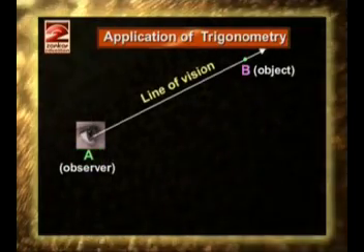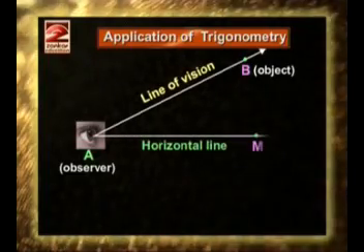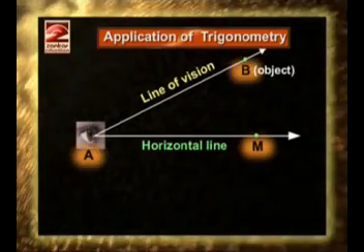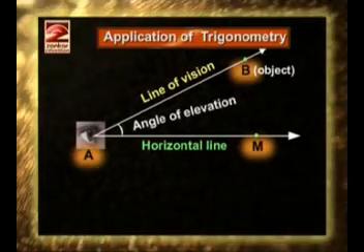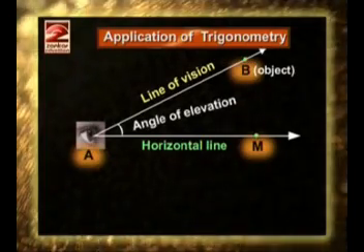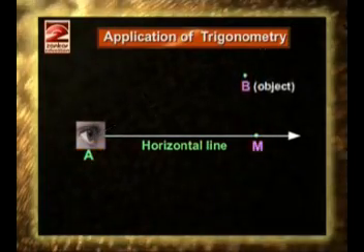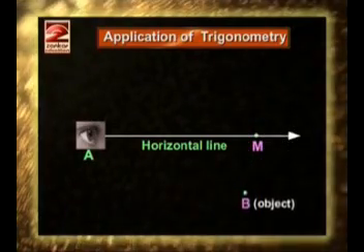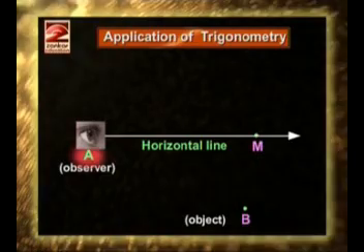Here AM is the horizontal line and therefore angle MAB is the angle of elevation of B with respect to line AM. Now here, suppose the object is at a lower position, that is at position B, and A is the position of the observer.